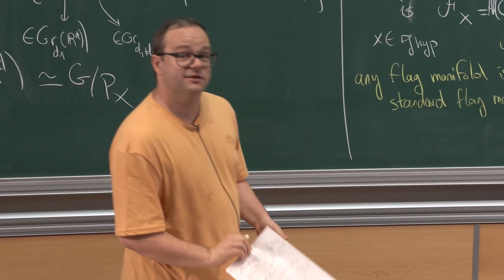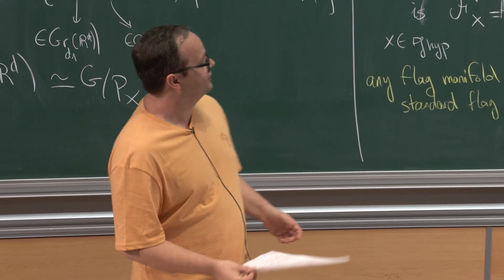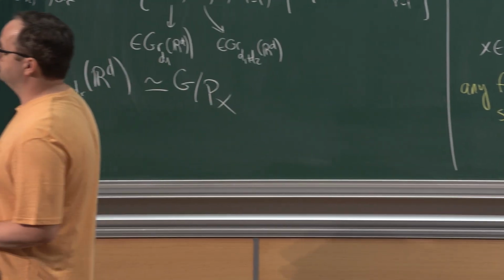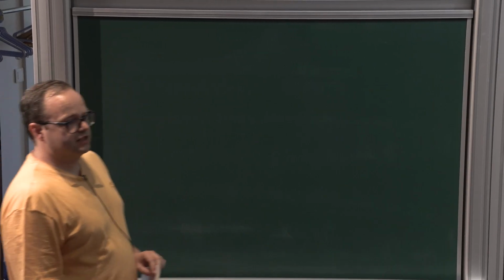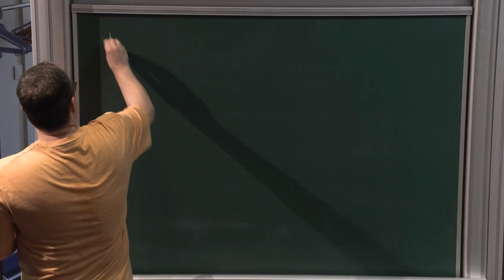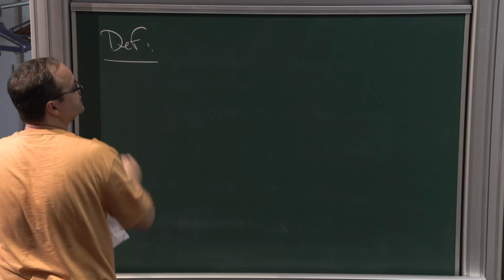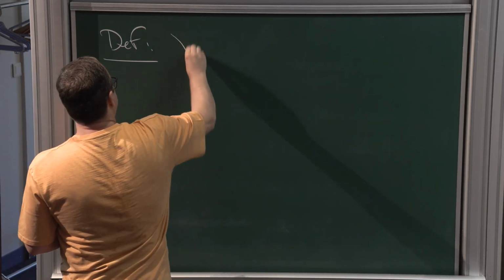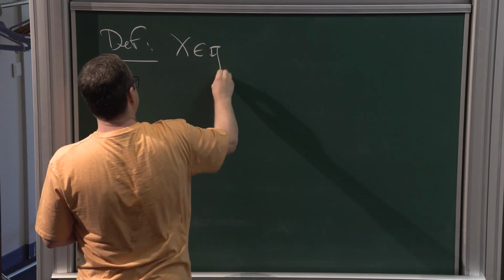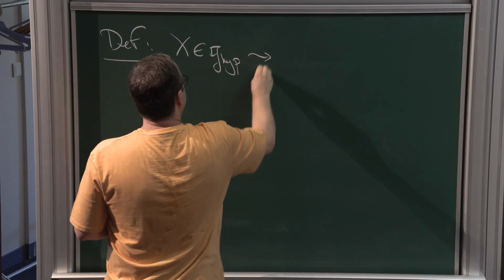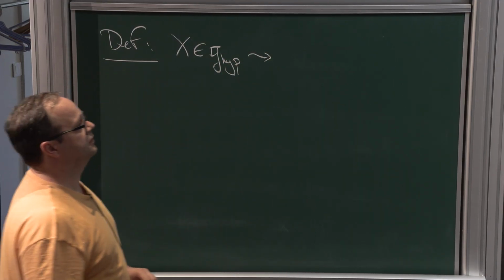All right, so the second type of homogeneous spaces that I want to work with here are the transverse flag spaces. So if we go back to a hyperbolic element x, we're going to define a few more.